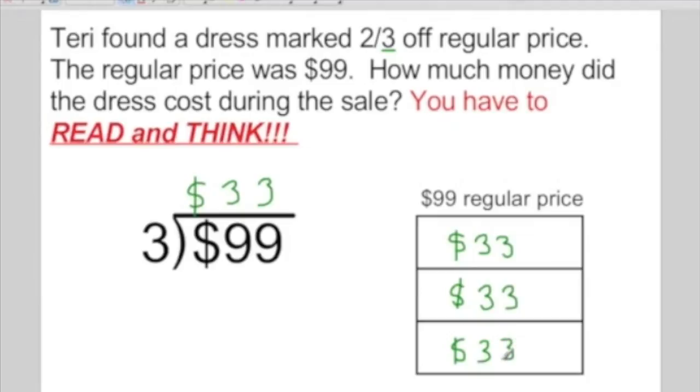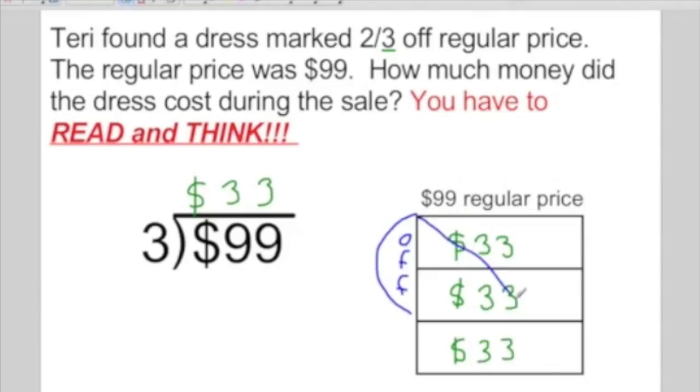This is where the reading is every bit as important as the math. It says 2/3 off the price. If it's marked 2/3 off, do you count those? No, it's a $99 regular price dress.